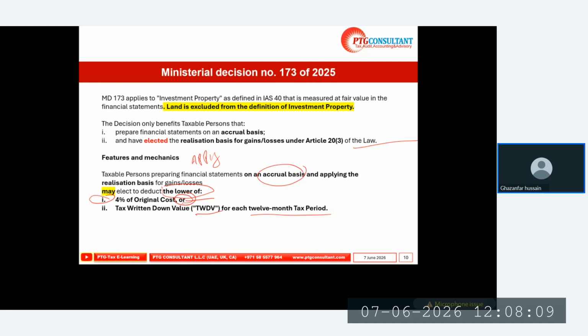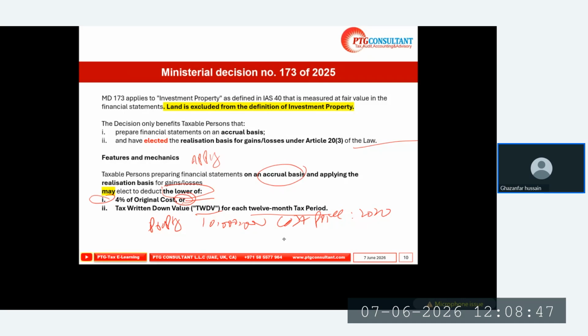Maybe many people are already familiar with this point, or they are digesting it. But sometimes complications come, and it is challenging to understand what they are saying. Let's say the property value is 10 million. The cost price was purchased in 2020.